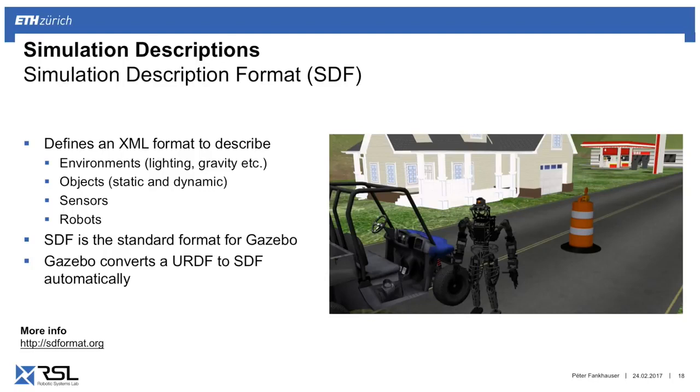And it can also model sensors that you use, laser sensors, camera sensors, etc. Plus, of course, like the URDF, it contains the robot. SDF came originally from Gazebo, and URDF is used in ROS. Conveniently, Gazebo internally converts your URDF automatically to an SDF. So if you have a robot, you can work with URDF. And then if you want to create your own environments, you would typically work with SDFs. So it's just so that you know the difference between these two formats.